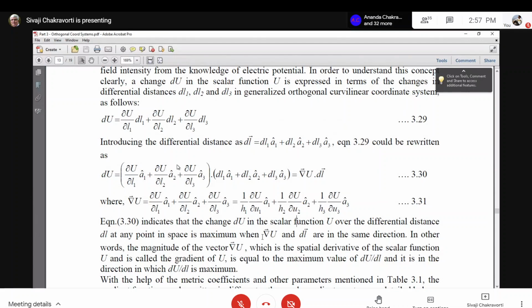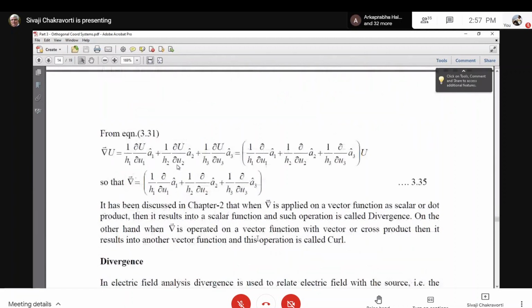This is the del operator. So we are saying here that grad of u is this, which we have already developed. And then we put it within the parenthesis. Then within the parenthesis, this term becomes the del operator.